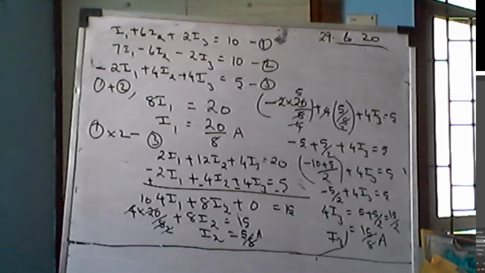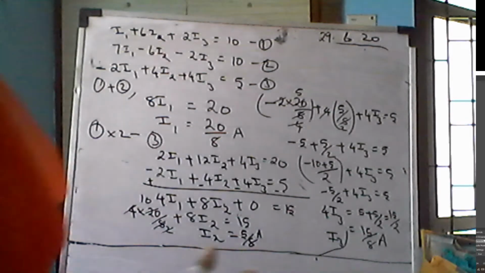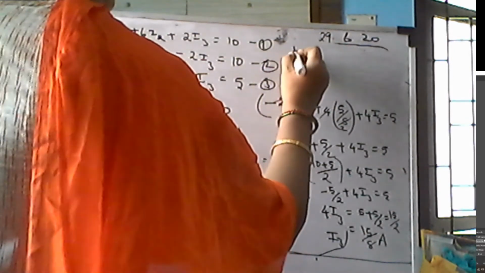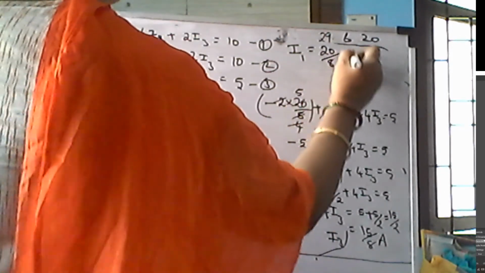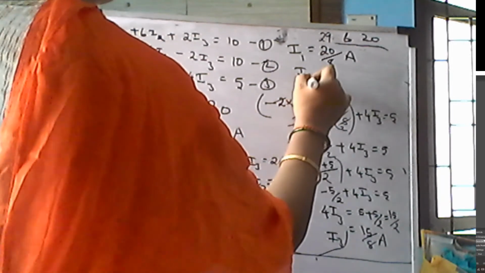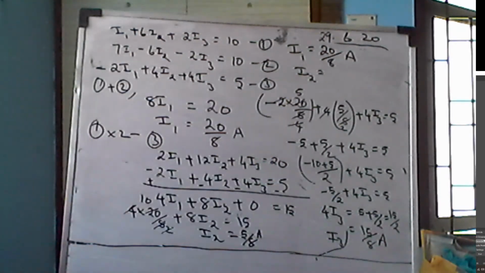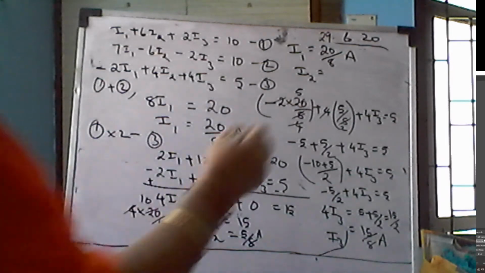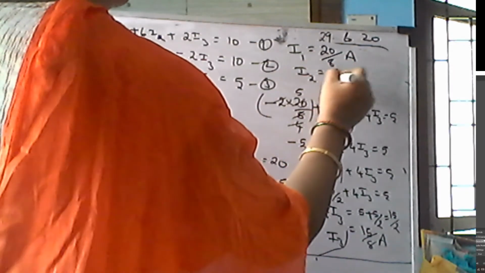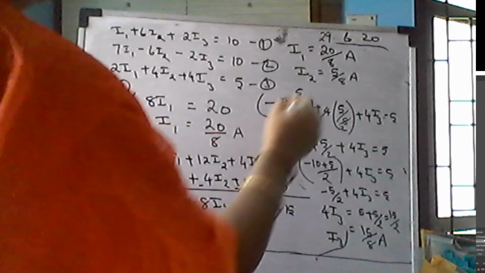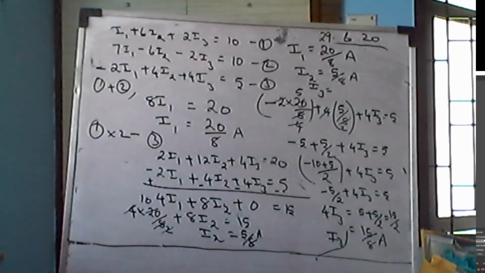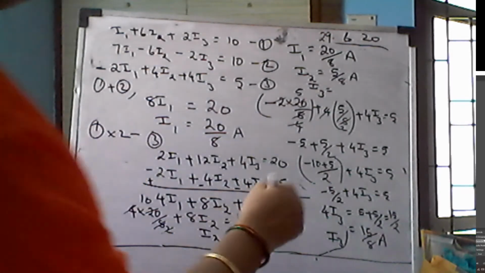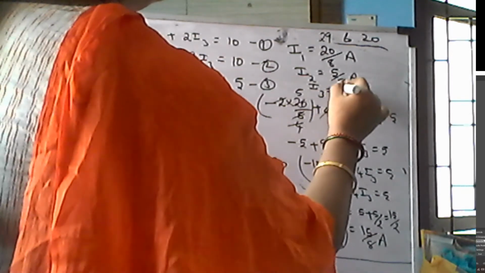I across AB is nothing but I2. So we have calculated I1 as 20 by 8 ampere, I2 as 5 by 8 ampere, and I3 as 15 by 8 ampere.